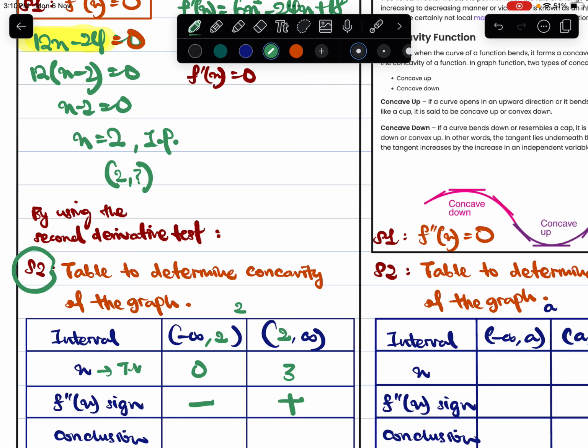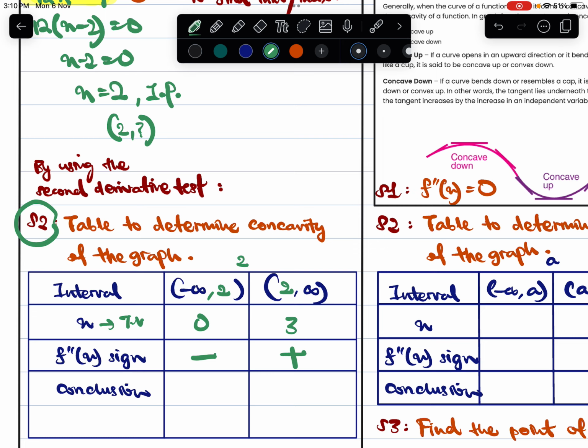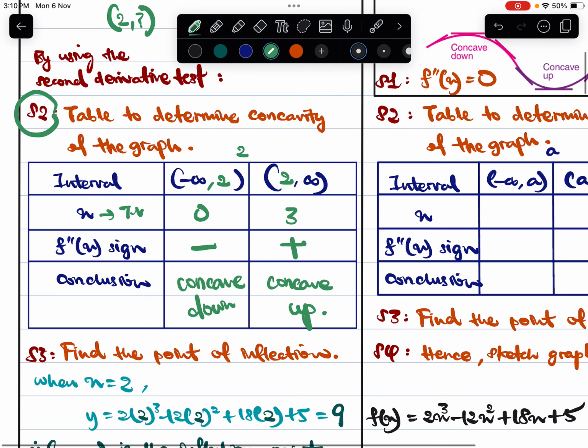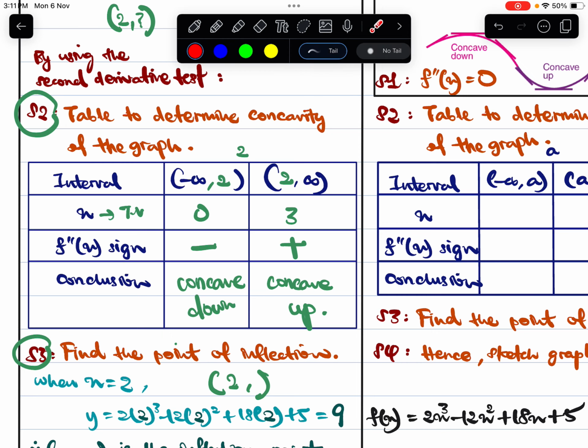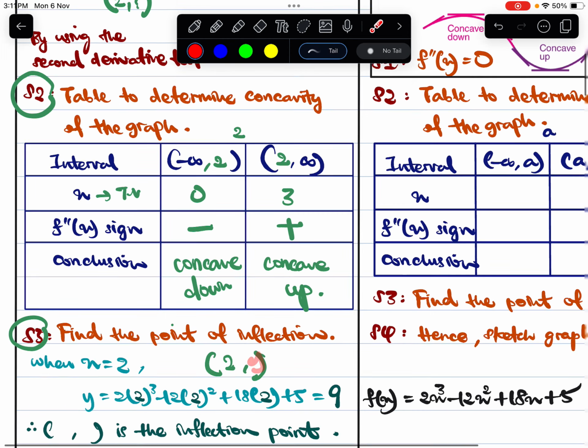After you have got the sign, you just make a conclusion. If you see a negative sign, it means it is concave down, while if you see a positive sign, it means concave up. As easy as that. And then here we go. The next step is finding the point of inflection, and you are almost there. You need the coordinate, isn't it? You already have the value of 2, so you need the y coordinate, and it's very easy.